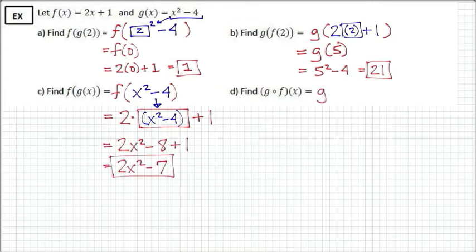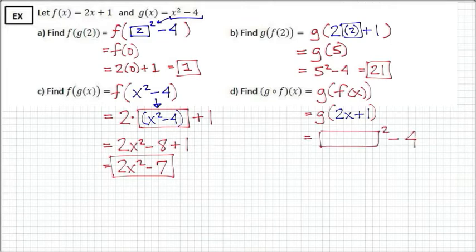Okay, next one, same idea. First I'm going to change it into this other form. This is in the composition dot form, and I'll change it into this form. So I'm going to first replace f of x with its definition. Then I'm going to write out a template for the g function, where the g function here is the input squared minus 4, so I write it as this, the input squared minus 4.